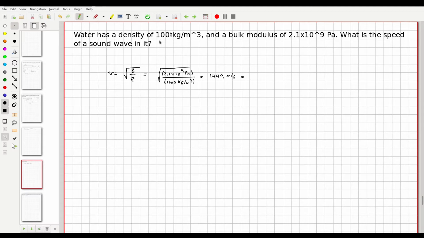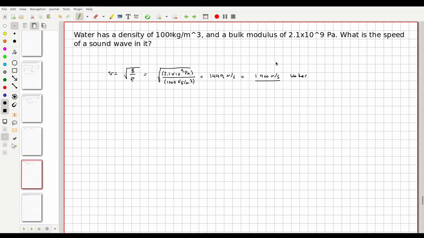It almost ends up being like a definition. This ends up being about 1,400 meters per second. Now, this is water.